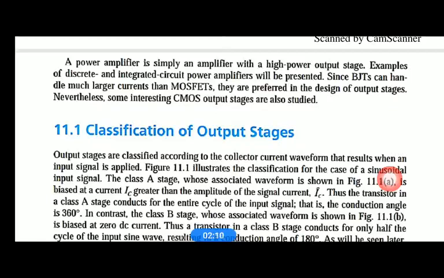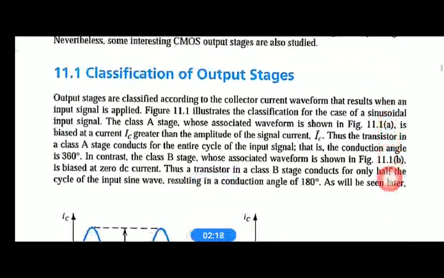Usually for many applications we use BJTs, which drive much current, and the transistor used to design a power amplifier is called a power BJT, or power transistor.